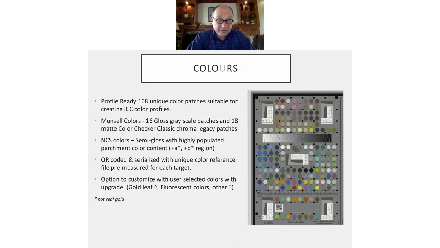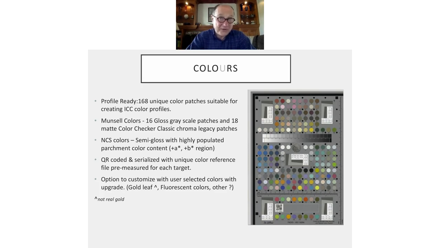So if you'd like, we can always customize with user-selected colors with upgrades. So for instance, gold leaf, not real gold, and some fluorescent color. I'm sure the listeners have other ideas of the types of colors or features they would like in there. So that's how we've adapted it.